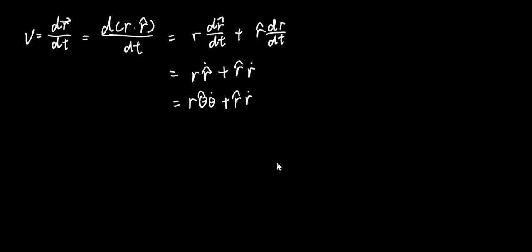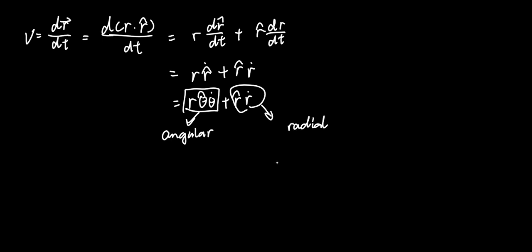As we can see, velocity can be represented by these two terms. The first term represents the angular velocity, and this term represents the radial velocity.